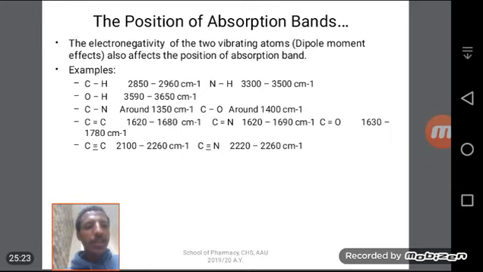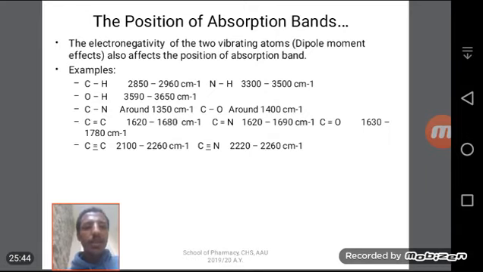The other is nitrogen-hydrogen stretch, which has a high frequency of vibration between 3300 up to 3500, because nitrogen is more electronegative than carbon.